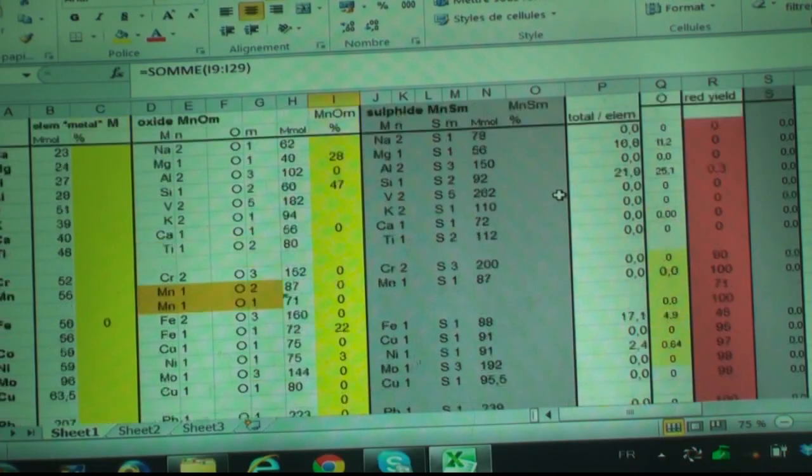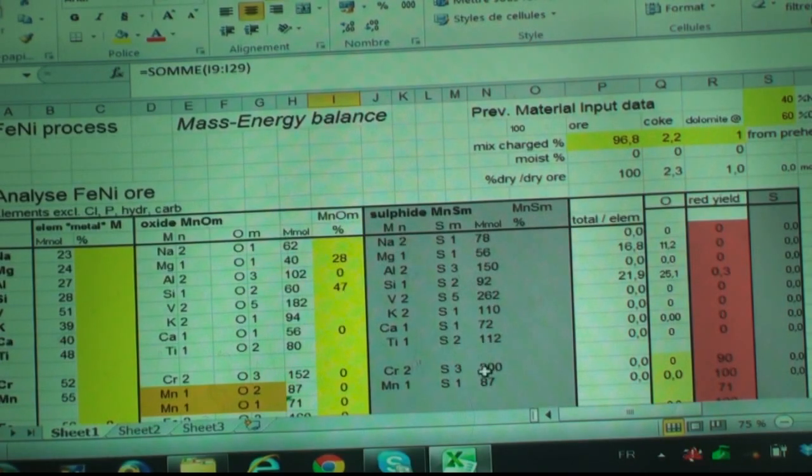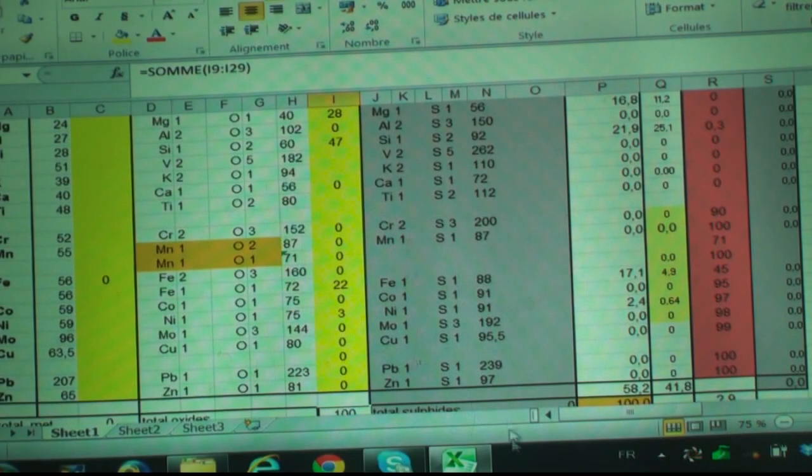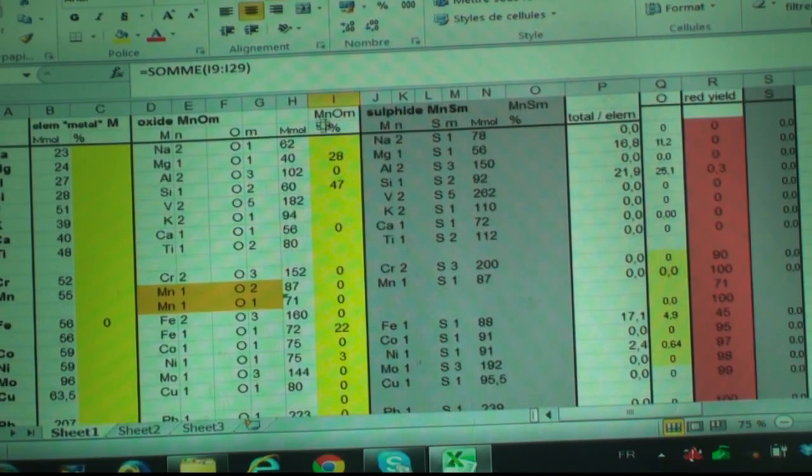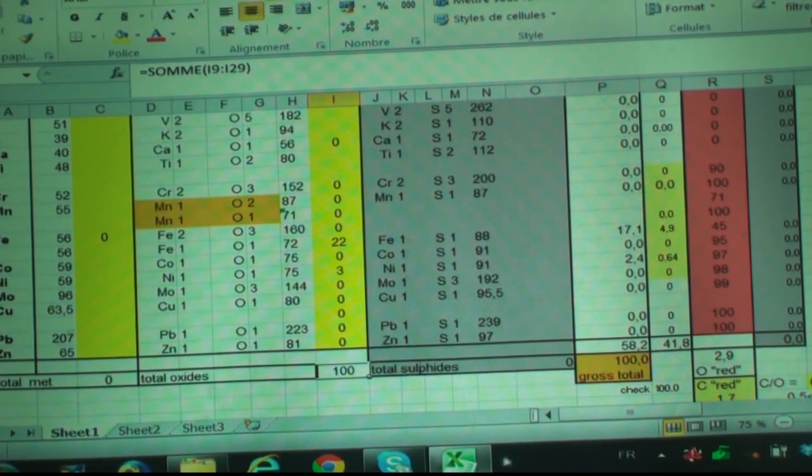I proportionally increased each one to have 100. If you are sure that these are the main components, it is okay doing that. But of course, the best is always to have a complete analysis balanced to 100%.